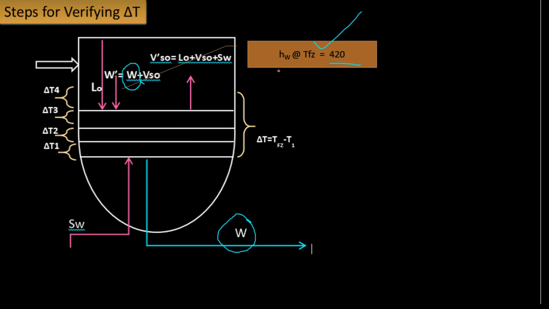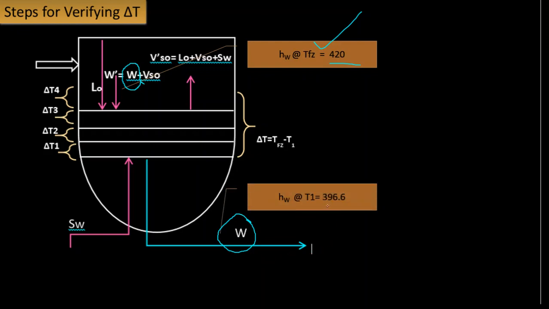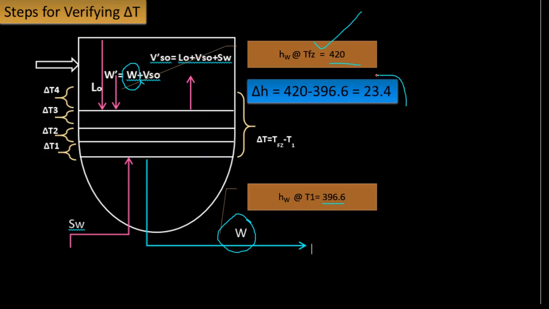At that temperature, the enthalpy of W, that is the feed portion when it is in the flash zone, is 420 BTU, and when it is at the bottom section, the value is 396. Just now we have calculated this value. The difference between these two values, 420 and 396, is known as the delta H value, and that comes out to be 23.4.